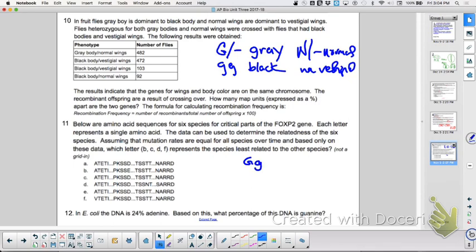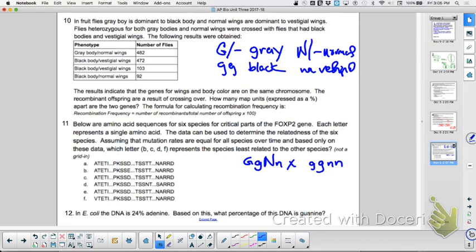And normal wings, which would be big N, little n, yes? Is crossed with flies that had black bodies. What would black bodies be? Little g, and vestigial wings, which would be little n. Are you okay with that?